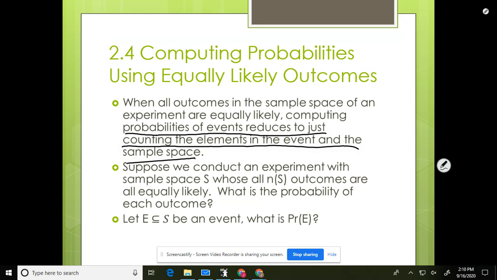So if I have the probability of some event, as long as my outcomes are equally likely, my numerator is just the number of ways my event can happen, divided by the number of ways in my whole sample space. We usually find those using sometimes permutations, sometimes combinations, that kind of stuff. So keep this in mind all day today, for all the next 15 minutes.